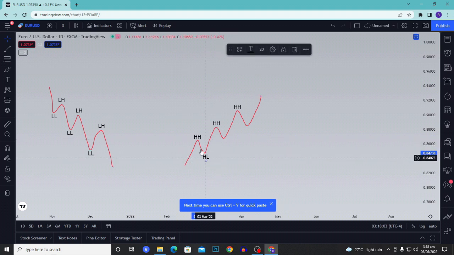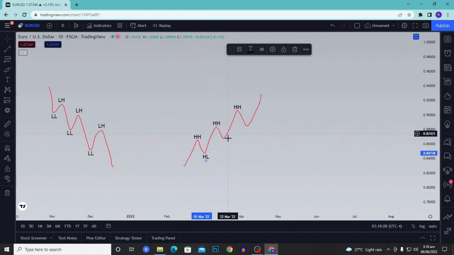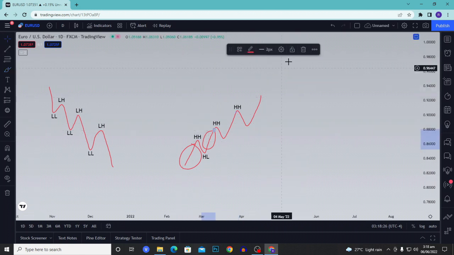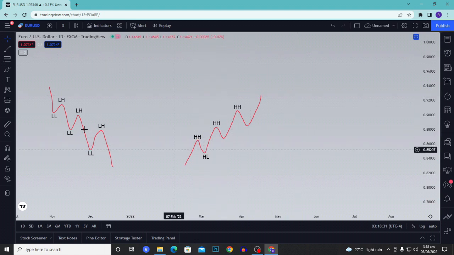which basically means the end of the retracement is higher, while the impulse move, which is these big moves right here, is higher, and the end of the retracements are higher.